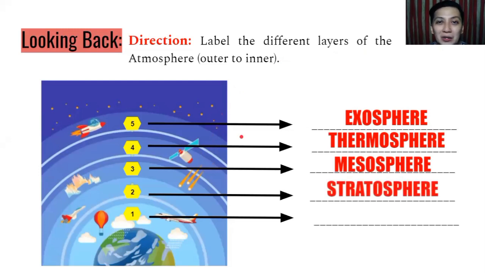And then the layer that is nearest, okay, what is that? Very good, that is the troposphere. So these are the correct layers of the Earth in order. Do not forget that we have exosphere, thermosphere, mesosphere, stratosphere, and troposphere from outer to inner layer.